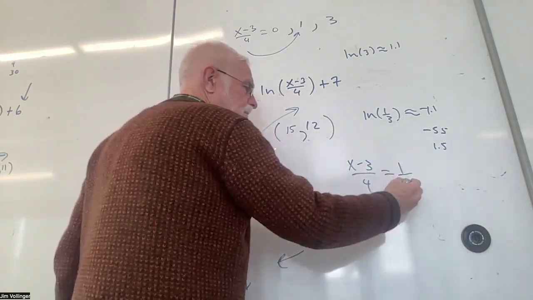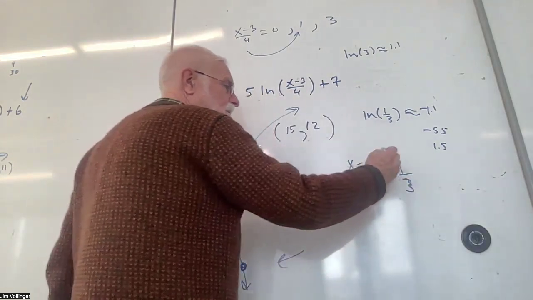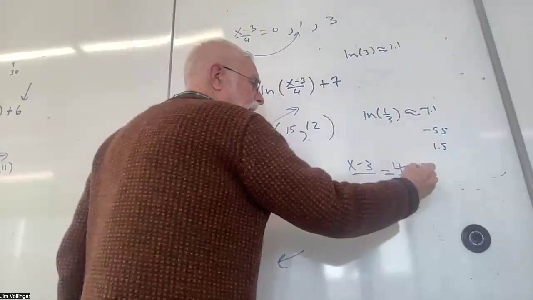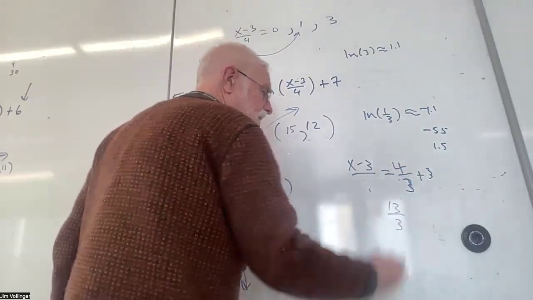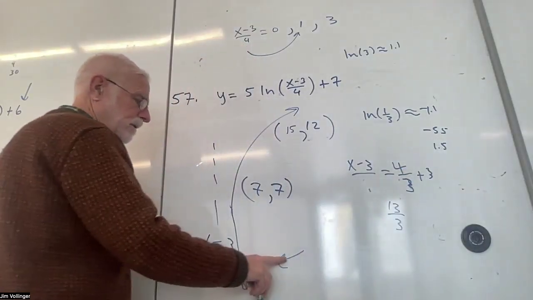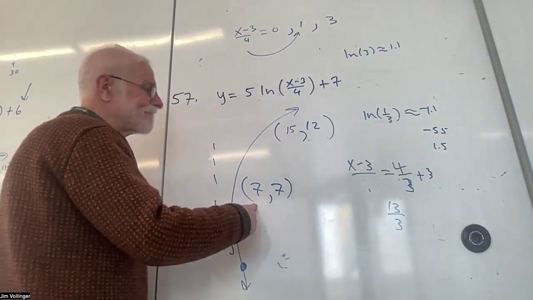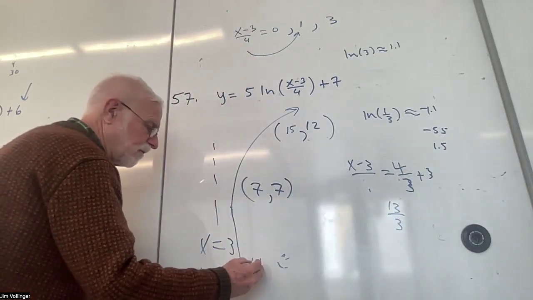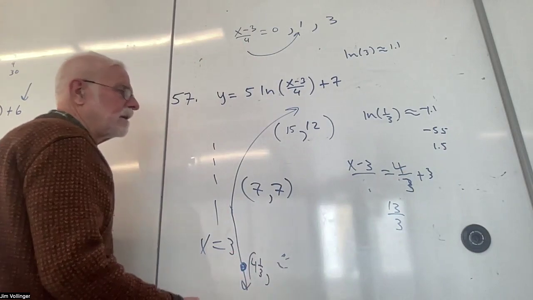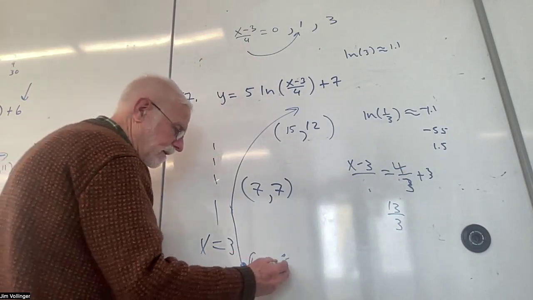I'm multiplying by 4 to that side. I'm adding 3, which is 9/3. So I've got 13/3. Okay, 13/3. Is that less than 7? Yes, 4 1/3. So let's do it this way. 4 1/3 gets me 1.5.